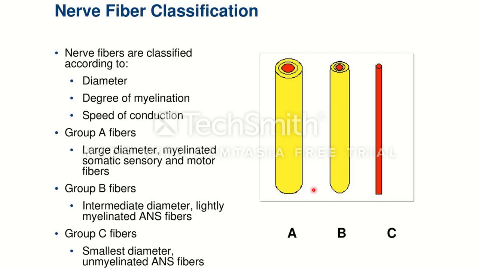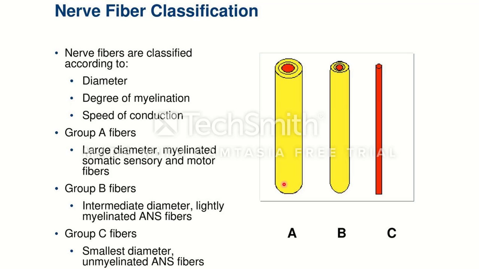The type A neurons have the thickest or widest axon, and also the thickest or widest myelin sheath. So they are the fastest, most rapid neurons in the nervous system.